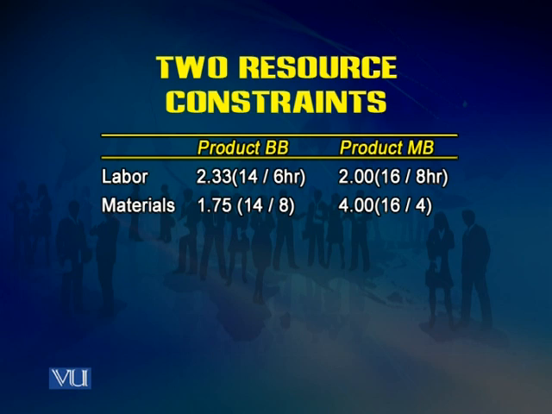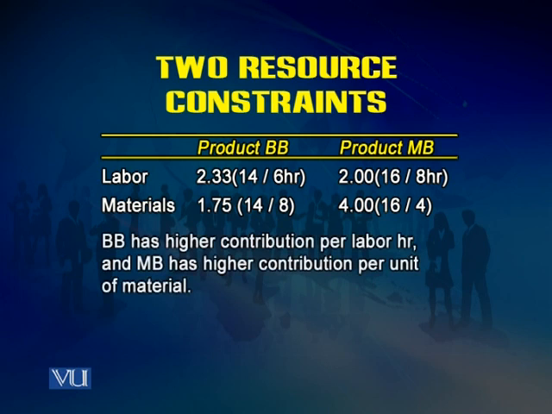Here, the contribution per unit of material is much higher under MB than under BB. BB has a higher contribution per labor hour, and MB has a higher contribution per unit of material.